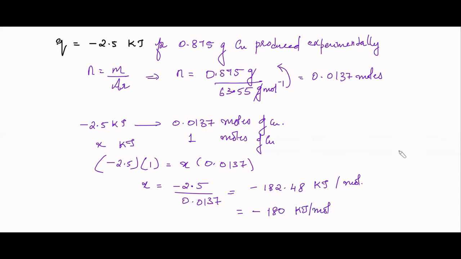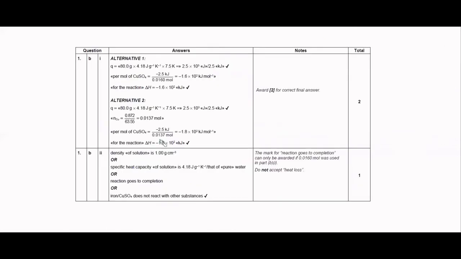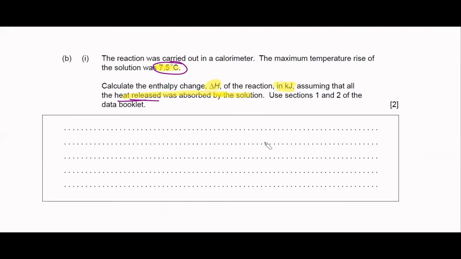Now let's see the answer scheme. They've given both the ways. One is giving us minus 1.6 that we have seen. We have also seen how we are getting minus 1.8. So here we have calculated the answer for this question.